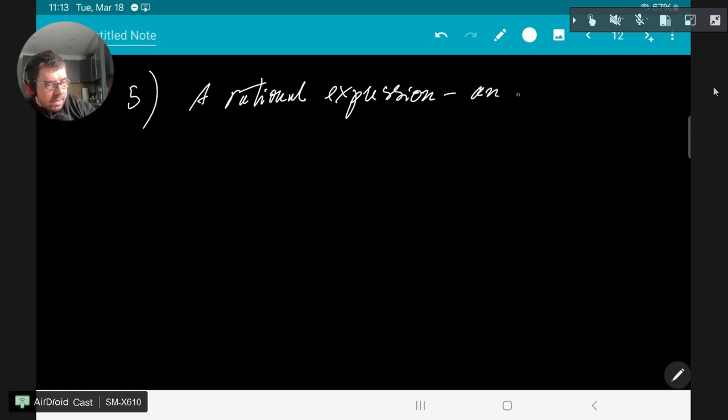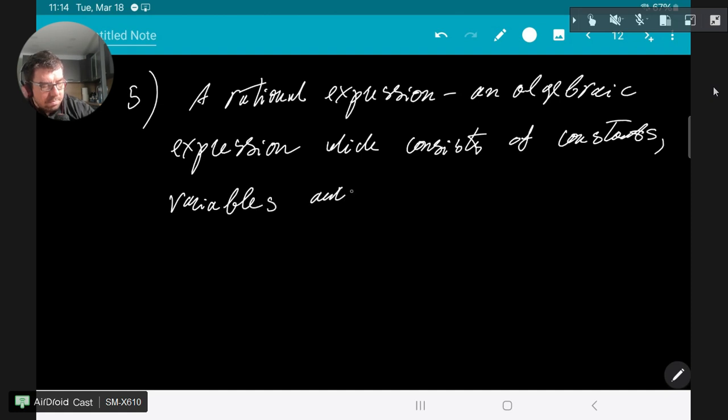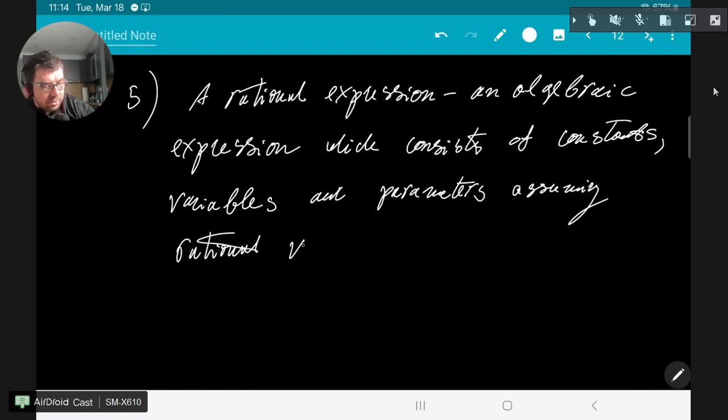An algebraic expression which consists of constants, variables, and parameters, assuming rational values.